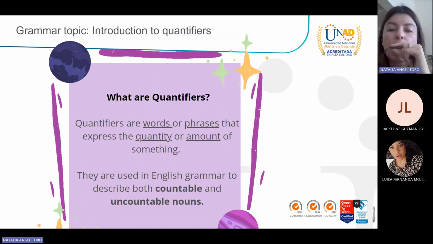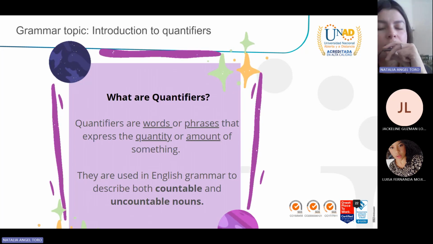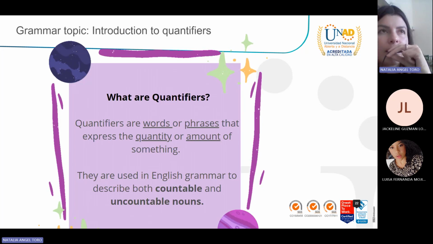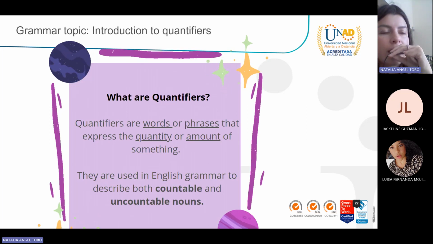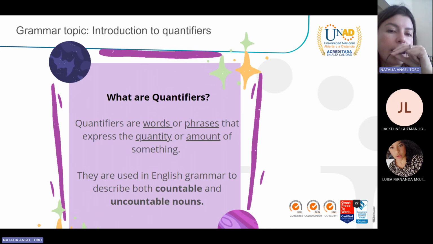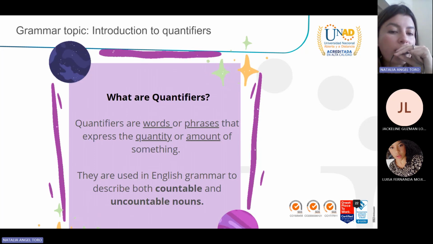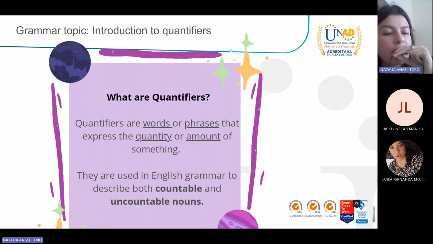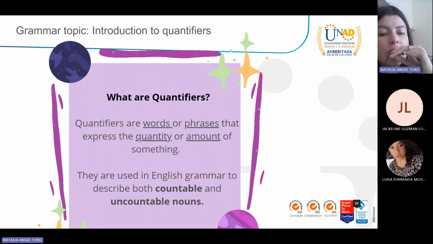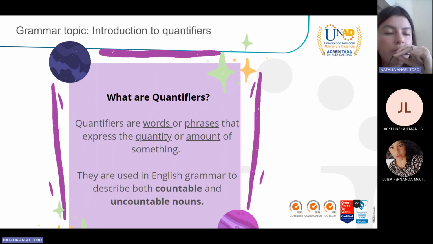We use quantifiers all the time when we want to refer to something, specifically talking about nouns, and we want to refer to how much or how many there are of something. So quantifiers are words or phrases that express the quantity or amount of something. They are used in English grammar to describe both countable and non-countable nouns.